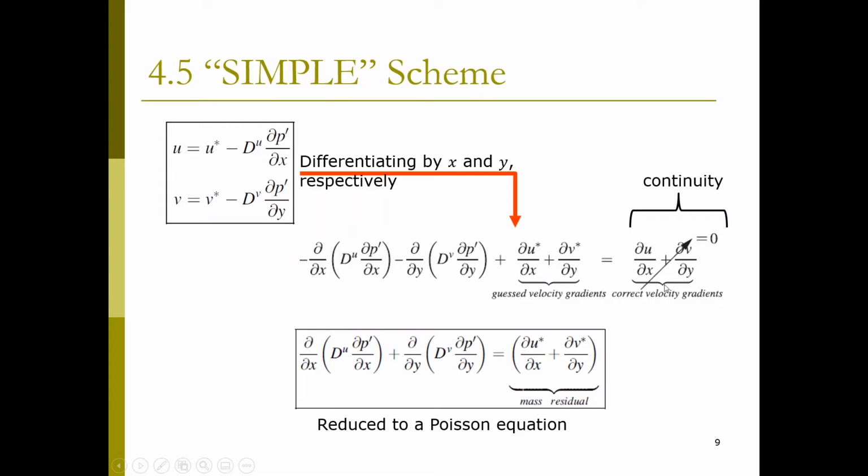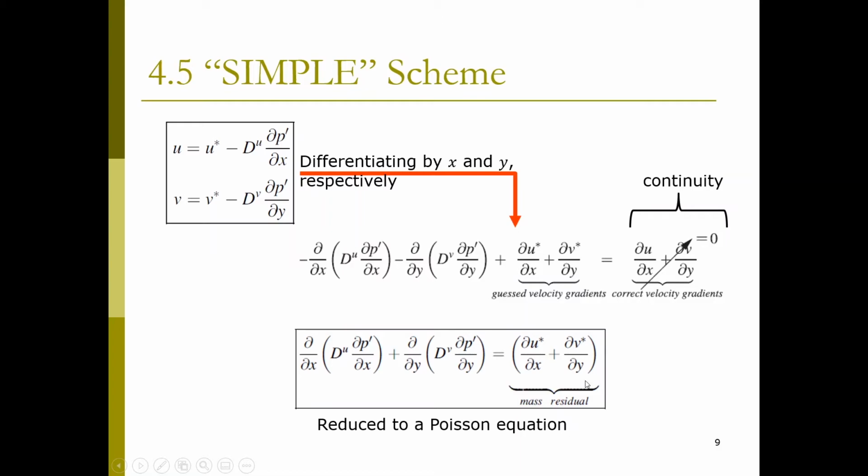So what actually we will have, this term is supposed to be equal to 0 because du over dx plus dv over dy is the continuity equation, which must be equal to zero in order to satisfy mass conservation. So from this, we can use the guess velocity gradients as the mass residual.